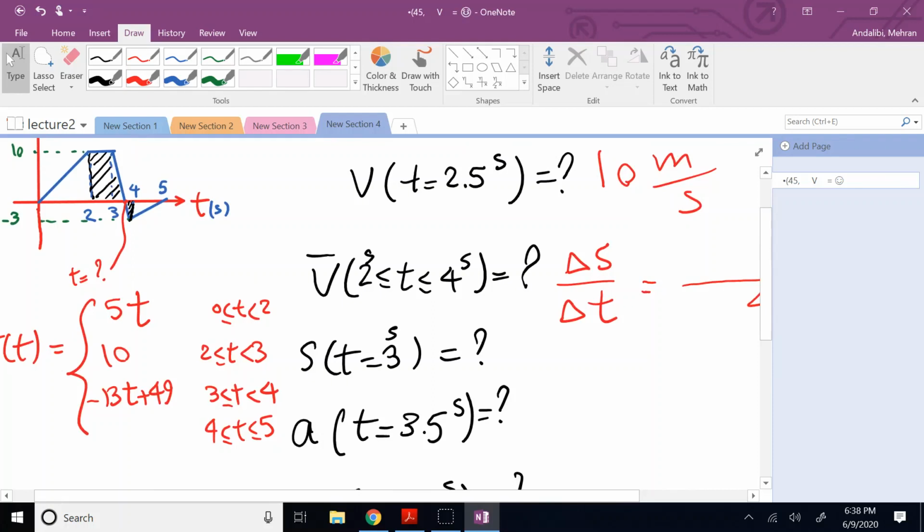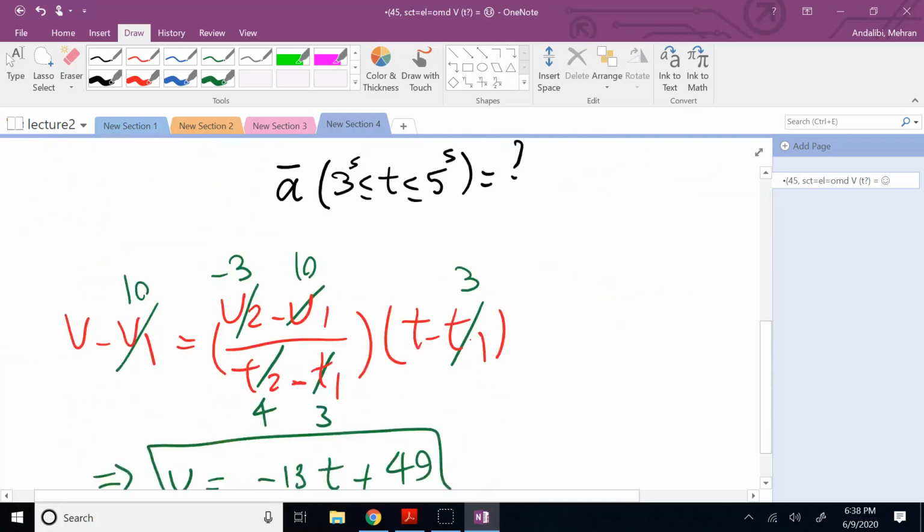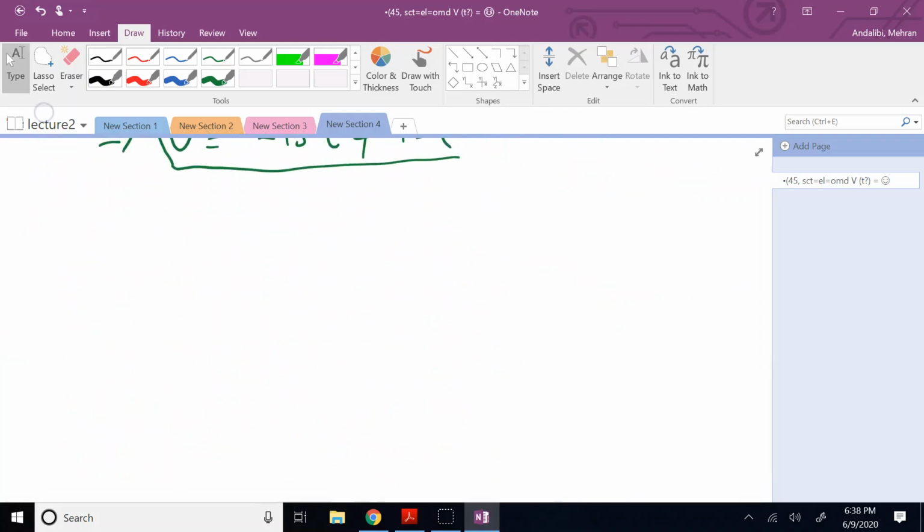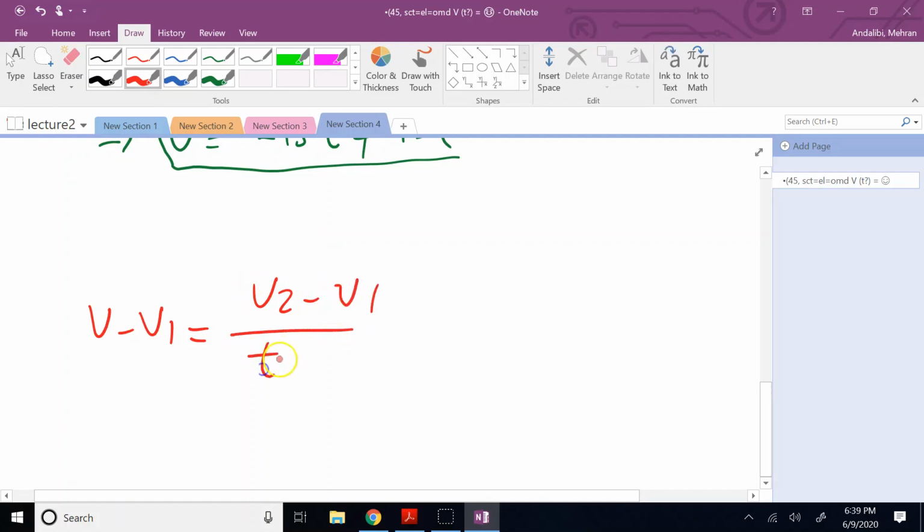And then if I want, I can find the last line segment as well. It does not hurt. It's between 4, negative 3 and 5, 0. So for the second line segment, v minus v1 is v2 minus v1 divided by t2 minus t1 times t minus t1.